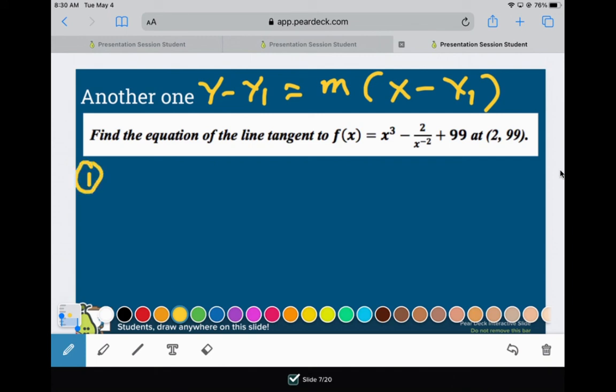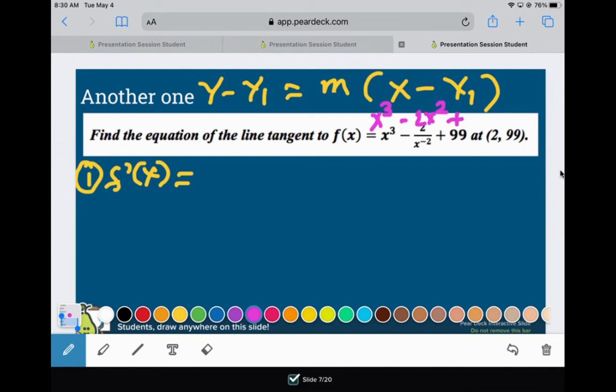So step number 1, I'm gonna take the derivative, which is f prime. If you don't know how to take the derivative, my advice to you is see me for office hours, okay? But in here, look at this problem. It's a bit tricky, so I have to rewrite this one a little bit. Minus, see the negative in the bottom, so that's going to be 2x squared.